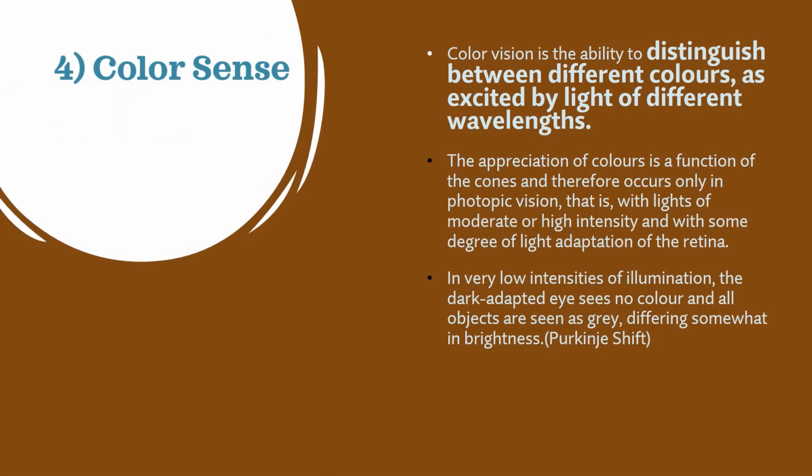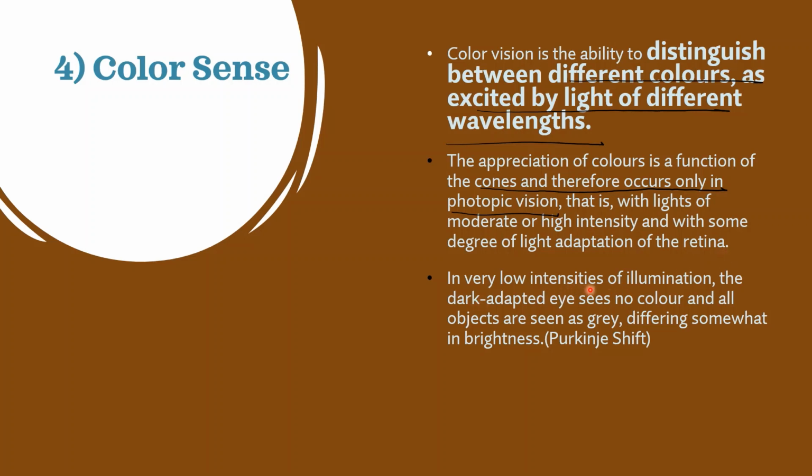The fourth thing is color sense, and it is the ability to distinguish between different colors as excited by light of different wavelengths. The appreciation of colors is a function of the cone and therefore occurs only in photopic vision, that is with lights of moderate or high intensity and with some degree of light adaptation of the retina.